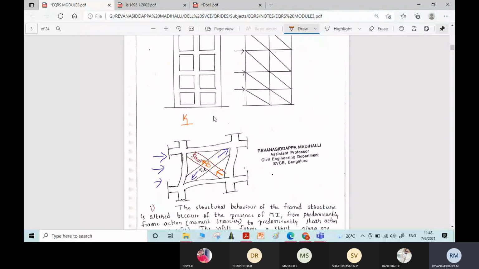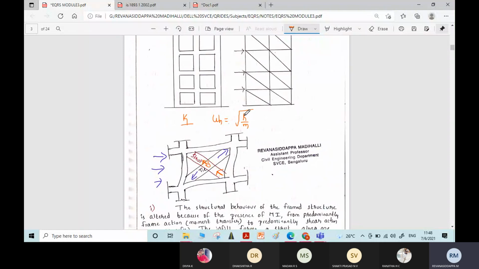If the stiffness increases, what about the natural frequency? Increases or decreases? If you provide the masonry infill for the frame, the stiffness of the infill will be there, which will add on to the stiffness of the frame. Therefore, the overall stiffness will increase.